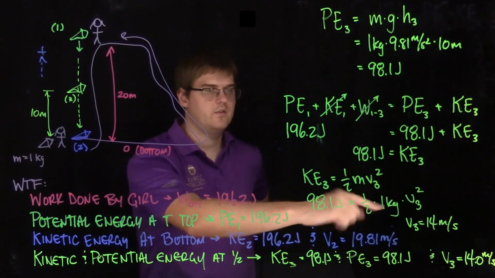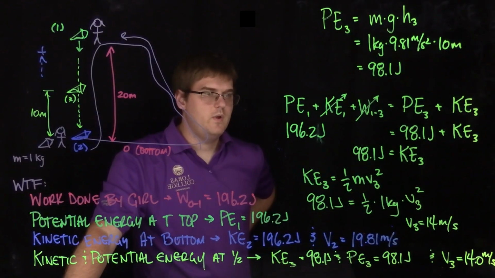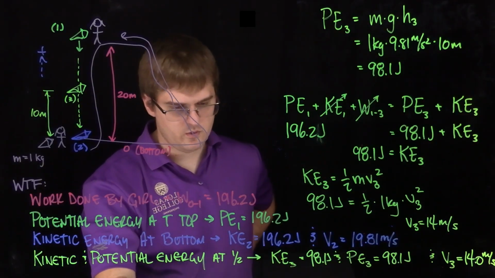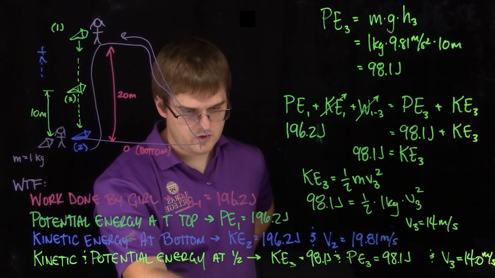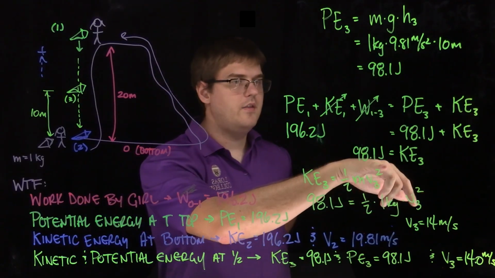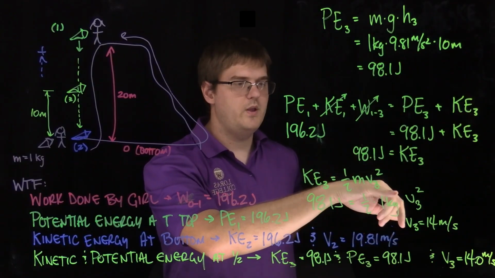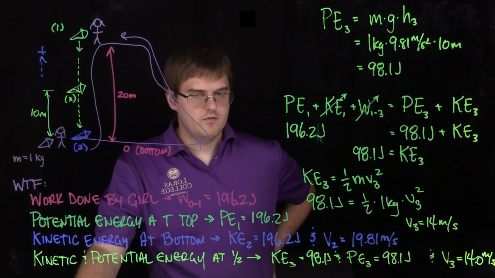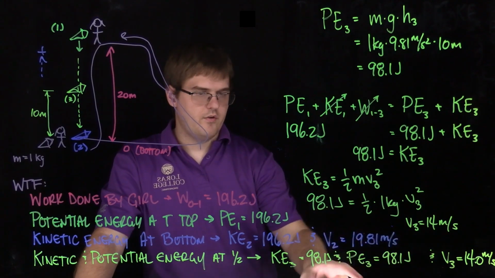So with that, we have our solution. Note for this guy right here, really hope that's actually 14. Yep, that looks right. With this, we have our velocity, we have our potential energies.